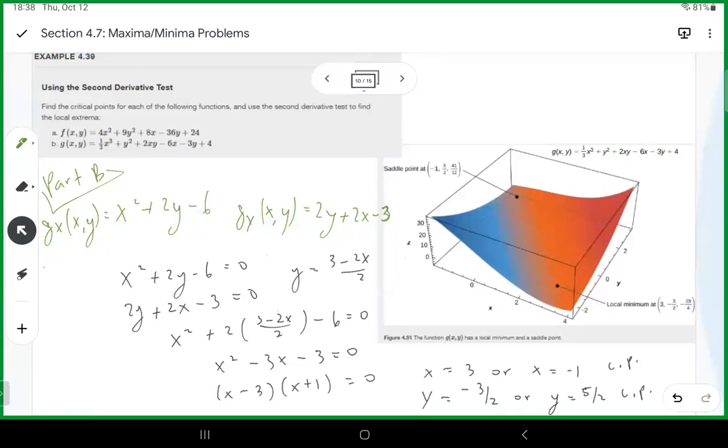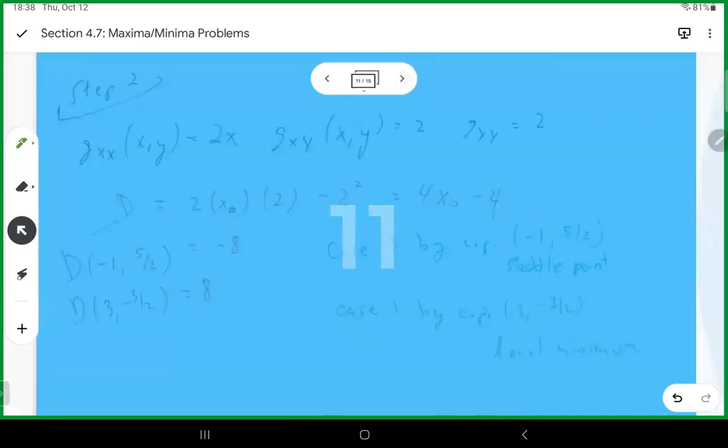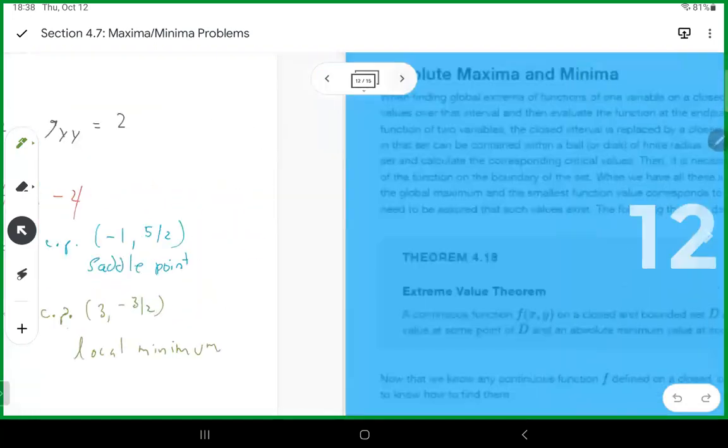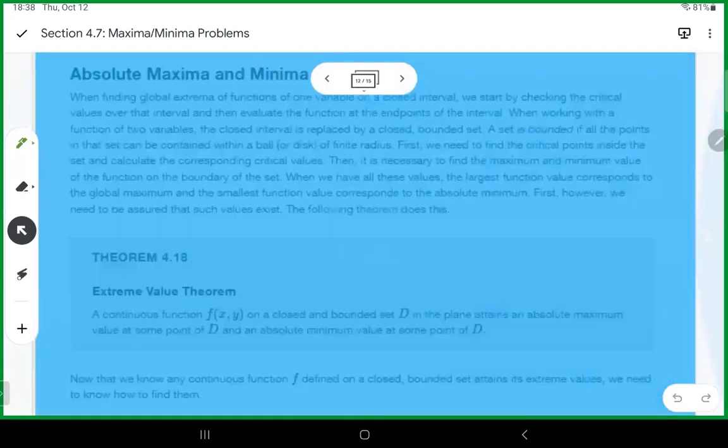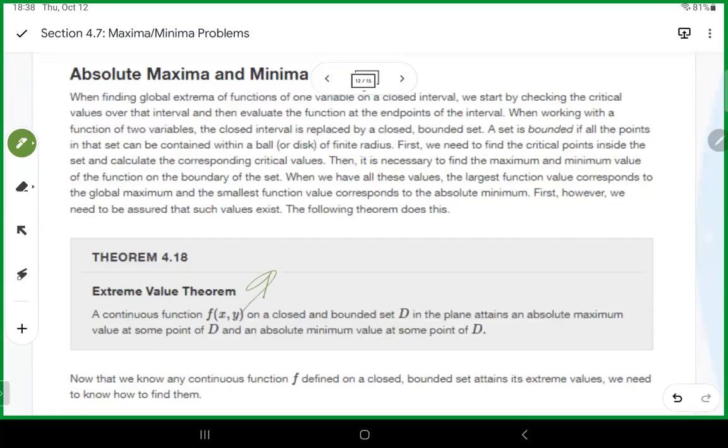Should be all good. All right, so you have a nice little theorem that you can look at some point.